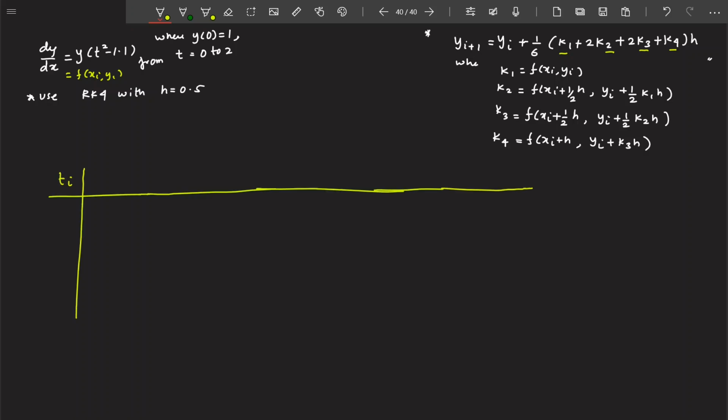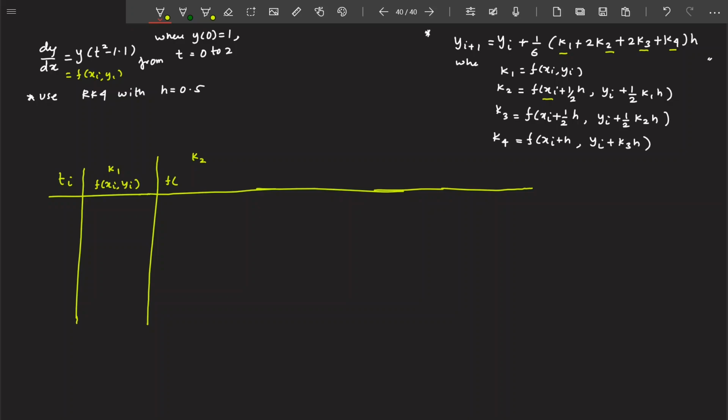My second column is going to be my k1. And basically, what is k1? K1 is nothing but f(xi, yi). Obviously, I don't need to write it down here because you all know, but it's always handy if you write it down. Then the next value is going to be k2, and k2 is nothing but f(xi plus half into h, yi plus half into h k1).